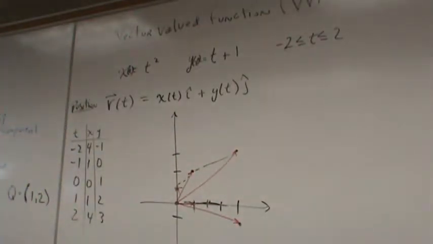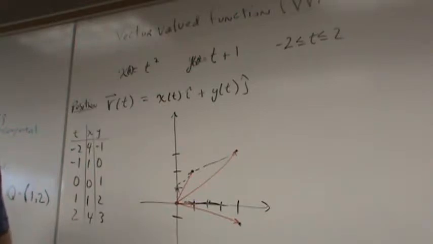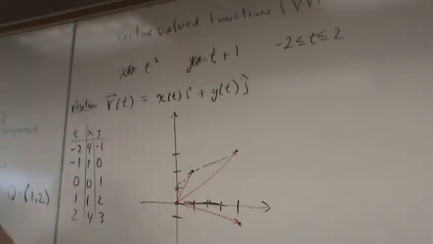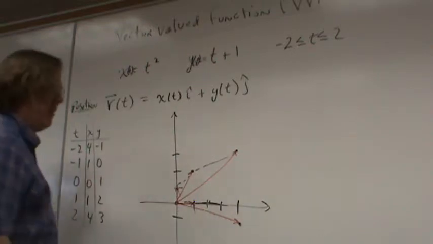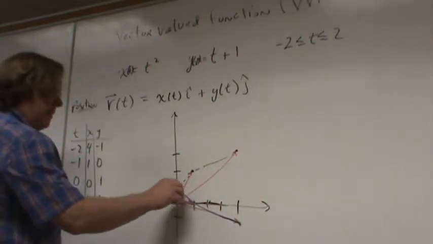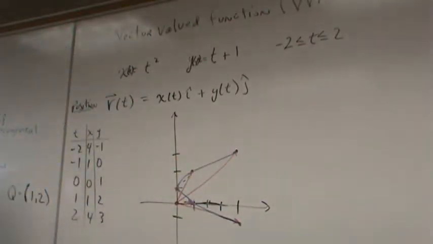So a vector-valued function is a collection of vectors. But weirdly enough, even though a vector-valued function is a collection of vectors, when we draw the vector-valued function, we still just draw the terminal points of the vectors. So when you draw your vector-valued function, it looks the same as when you were making a parametric equation.